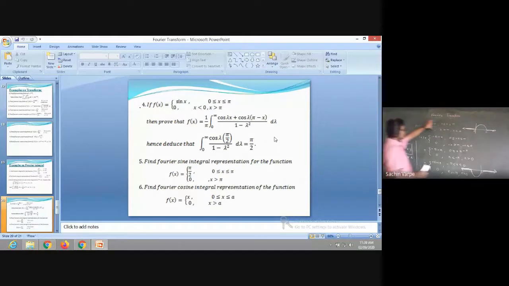The same 0 here, and here the graph will get reversed. So I'm separately drawing that graph, 0 like this and this 0. Now check whether this graph and this graph are the same. This pi here. Are they the same? No. These graphs are not the same, totally different. So therefore f of minus x is not equal to minus f of x, remember. And therefore this function is not an odd function.